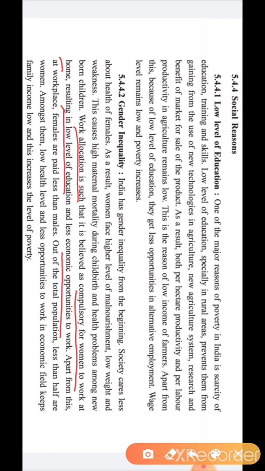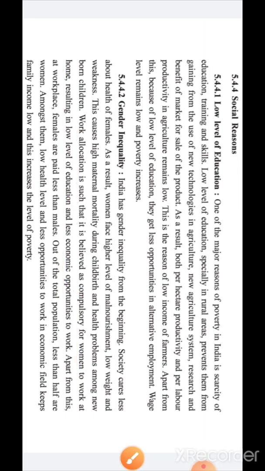They should learn cooking skills, so people don't focus on the education of females, and that results in a low level of education. Because of the low level of education, females get fewer employment opportunities.